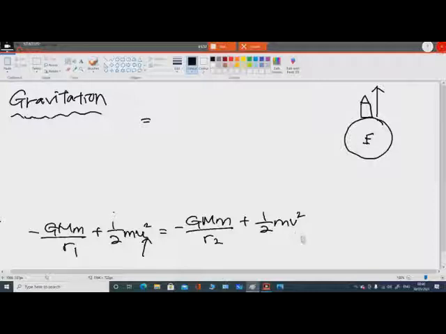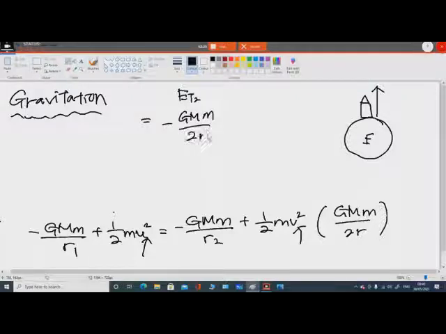The final velocity is not necessary to be found, so we can take it as zero, and the total energy after leaving the earth is given as zero.